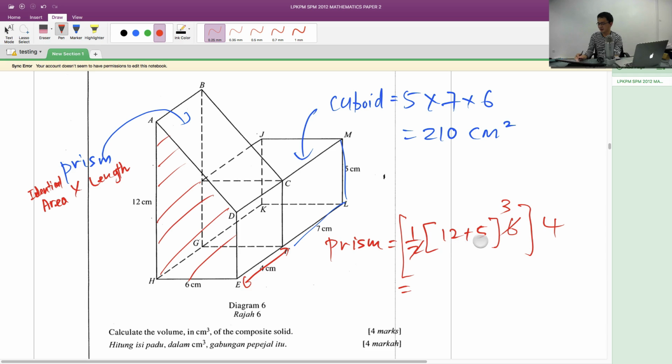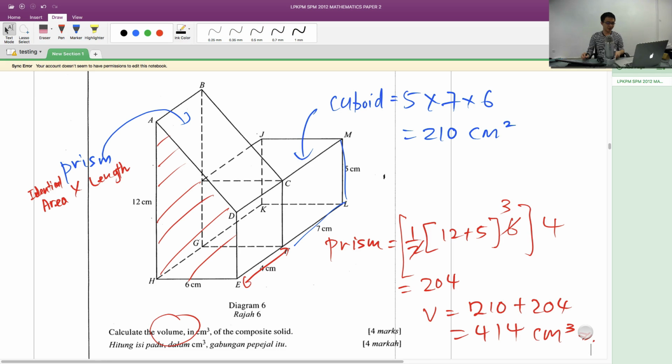This one is 17, isn't it? 17 multiply 3 is 51. Isn't it? 17 multiply 3 multiply 4. So this one is 204. So they want to calculate the total volume. So total volume is just 210 plus 204. You will get 414 centimeter cube.